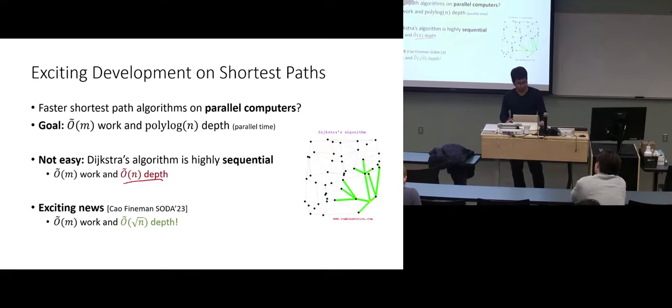And just in a few weeks from now, actually, these people are going to present how to improve Dijkstra's algorithm so that the depth is root n instead of n. And the total work that you do is still close to linear. So that's very cool.